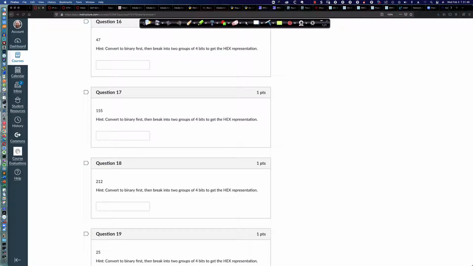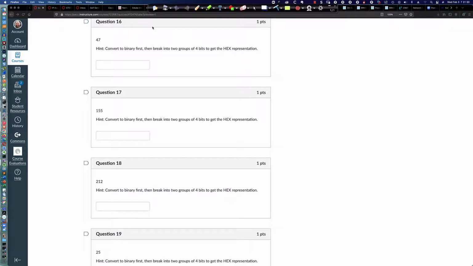So, how do we convert from decimal to hexadecimal? Well, we first need to convert to binary. So that's the intermediate step, to go from the decimal value of 47 to the binary value for 47.